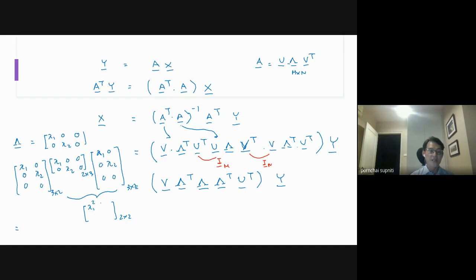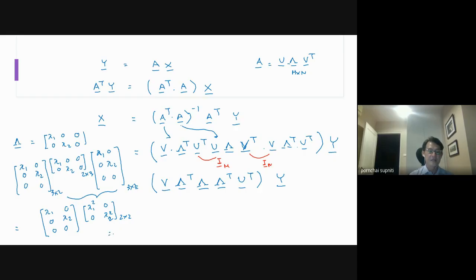You get lambda 1 squared, and for the first row multiplied with the second column, you get a 0. Then you get 0 and lambda 2 squared. Then if you multiply it further with lambda 1, 0, 0, lambda 2, 0, 0, what do you get?